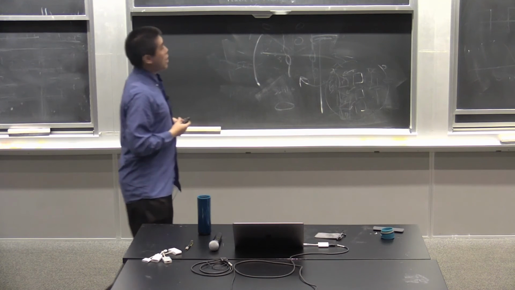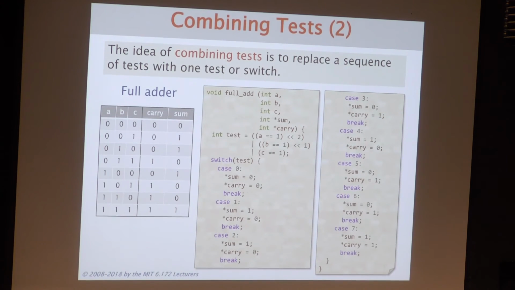So here's a better way to write this program. We're going to replace these multiple if-else clauses with a single switch statement. What we're going to do is create this test variable, which is a 3-bit variable. We're going to place the C bit in the least significant digit.